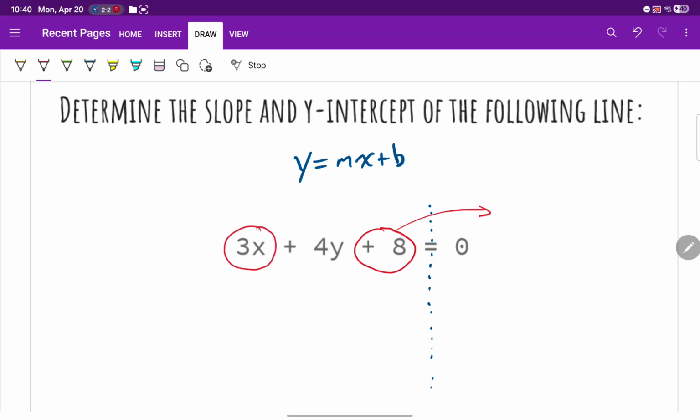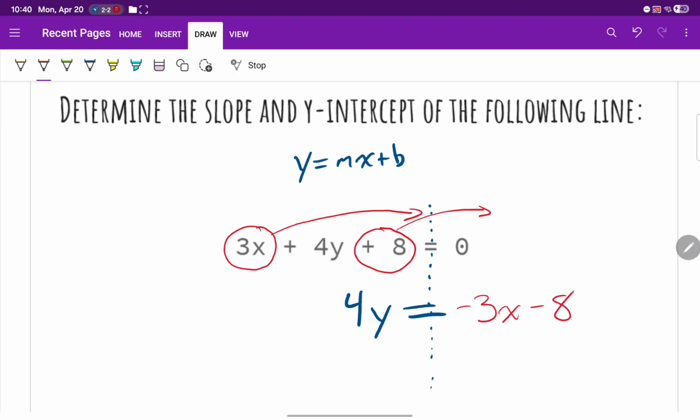In this example, I'm going to move both my 3x and my 8 to the right side of the equation. What I get is 4y, that did not move, equals negative 3x and negative 8.